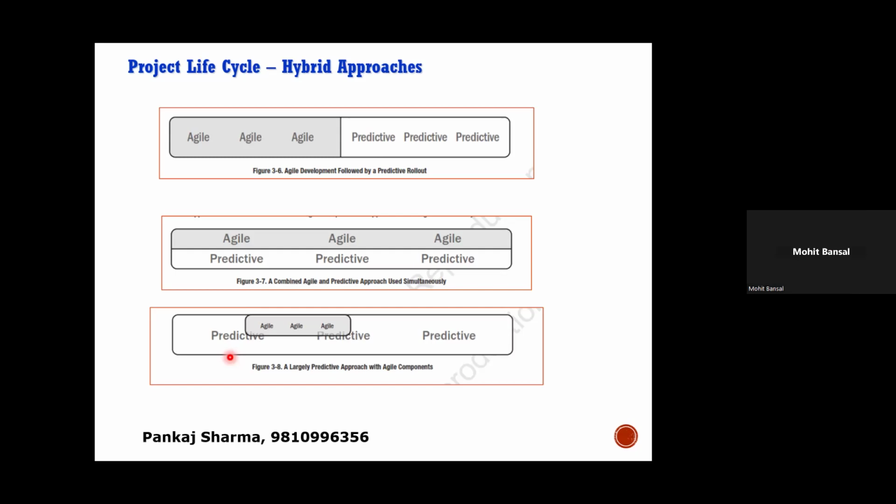So this is an example where the main project is done using predictive, but you have a component which will follow agile.